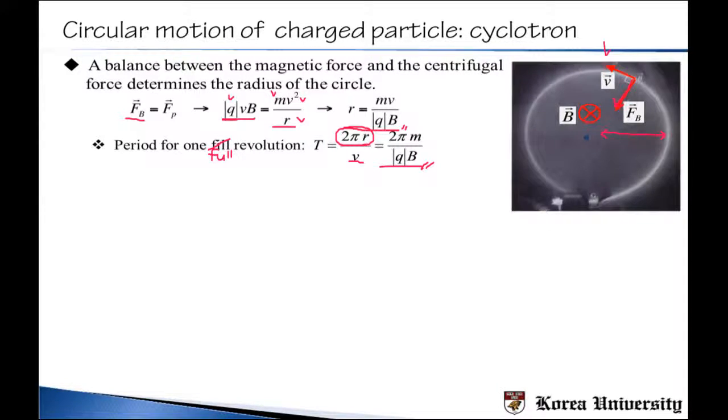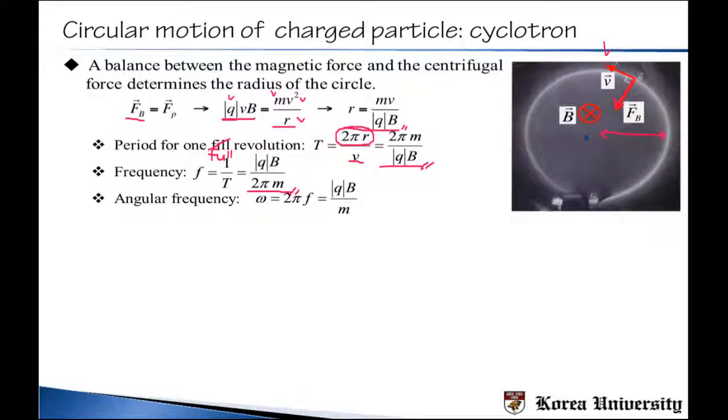And how about the frequency? Frequency is about how many times it repeats the same thing per unit period of time. It is very convenient to remember that frequency is simply the inverse of the period. We already calculated the period, so simply take the inverse.